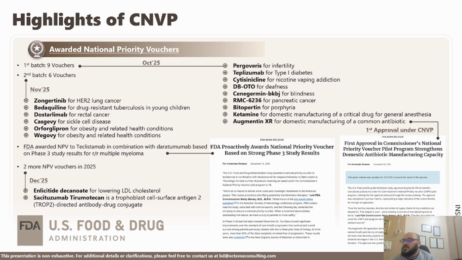Then, one thing: domestic manufacturing of Augmentin XR, the first approval under CNPV. But if we talk about the first biologic, a drug being approved was J&J's molecule, the combination of teclistamab plus Dara.